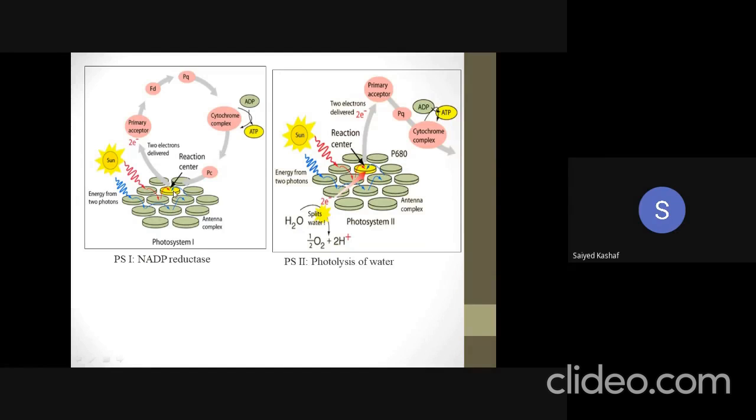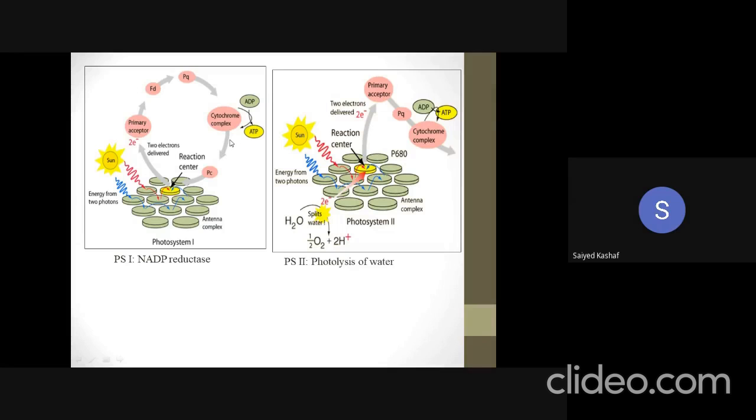When the reaction center is overloaded with energy, the electron gets excited from the ground state to the excited state and escapes from photosystem 1, and this electron is accepted by the primary electron acceptor and then transferred to the mobile carriers, those are ferredoxin and plastoquinone, and then to the cytochrome B6F complex. So the energy rich electron has been harvested for the formation of ATP here.